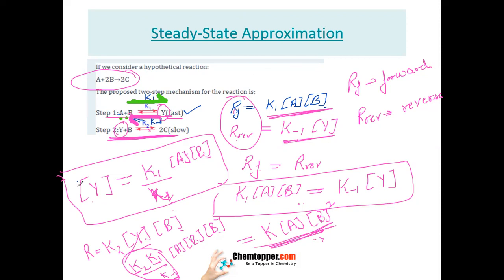You need not show all this mathematics, but if you can practice it, I think that will be ideal because AP is changing its faces. So maybe there are questions in which they may ask you to check this. So that's the steady state approximation.